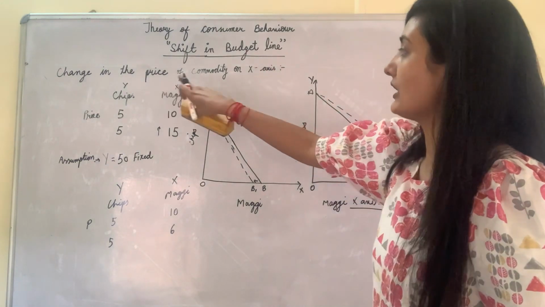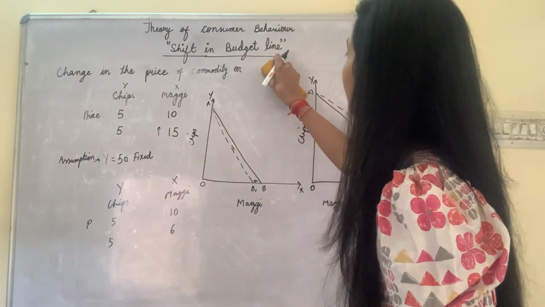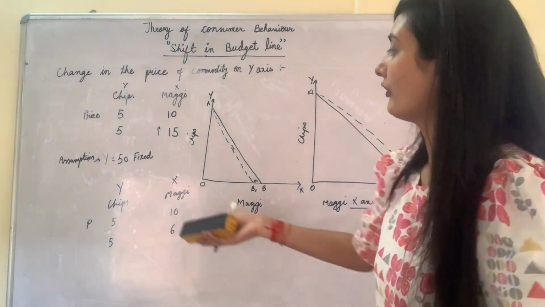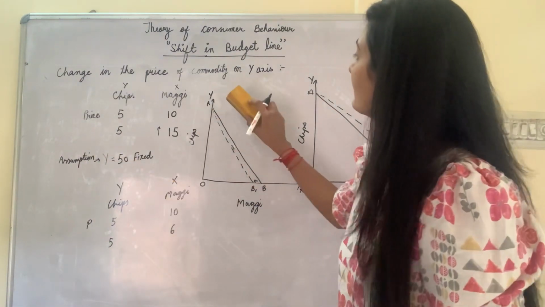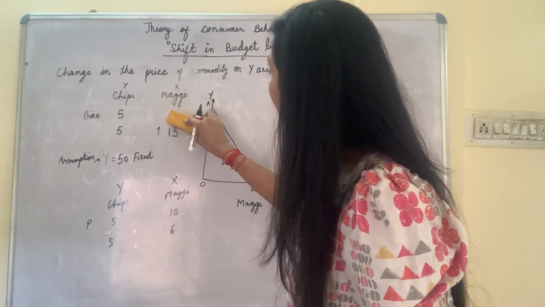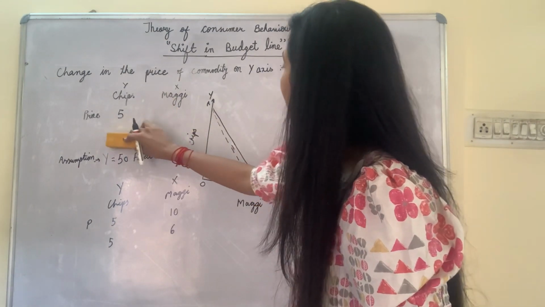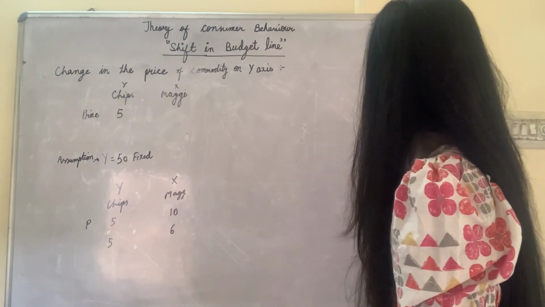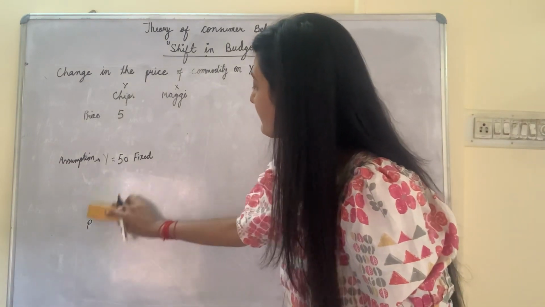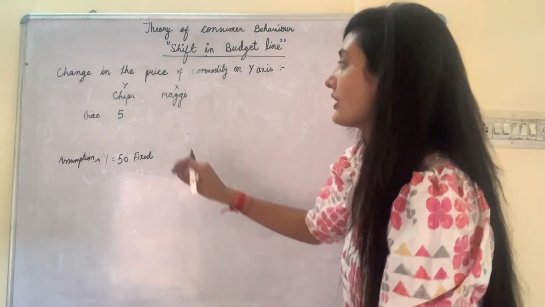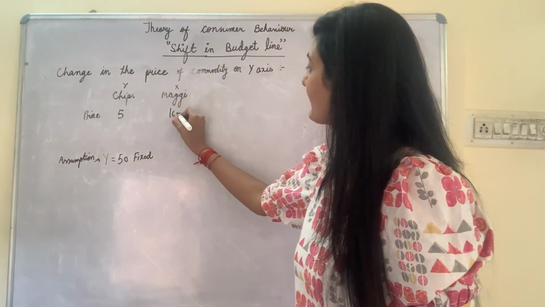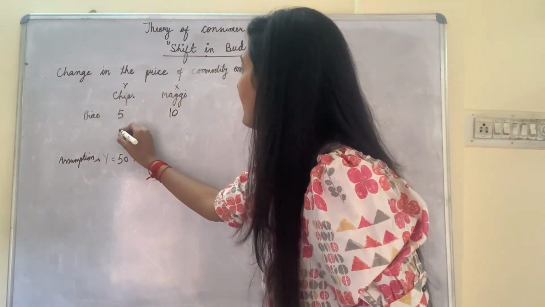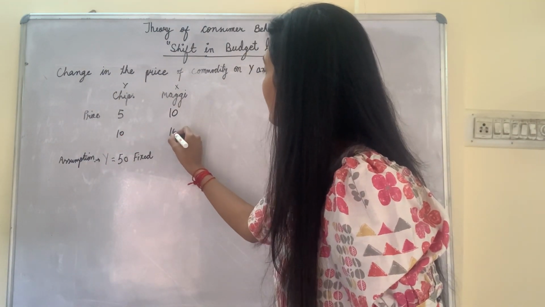Now we assume a change in the price of the commodity on the y-axis, with our assumption that income will be fixed. The price of chips is 5 rupees and the price of Maggi is 10. Now we assume that the price of chips has increased from 5 to 10.